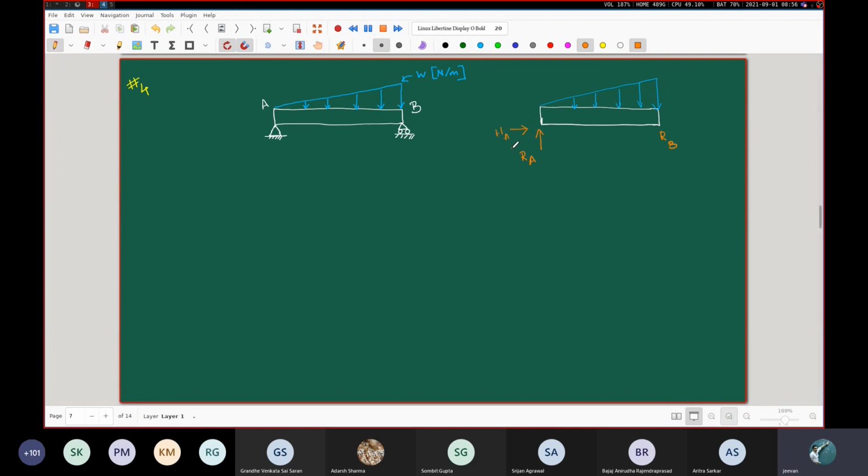But you can immediately understand that if you do sigma Fx equal to 0 for this entire problem, there is no other horizontal force present. There is nothing externally present, nothing internally present. So HA is going to be 0, and we don't have to consider this part. Now you are at second year level, you don't have to do these obvious things time and again.